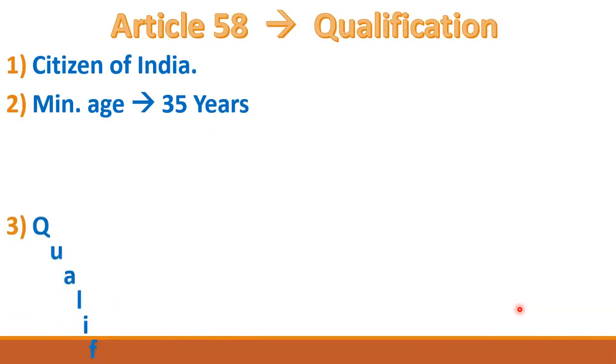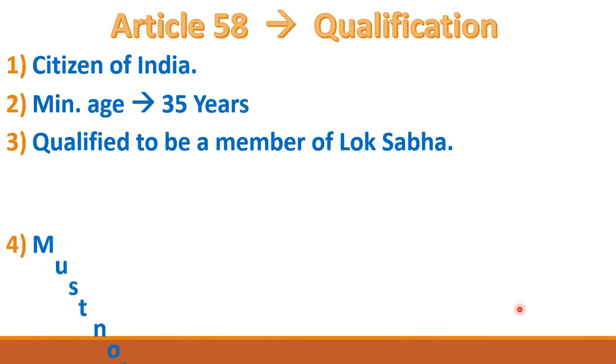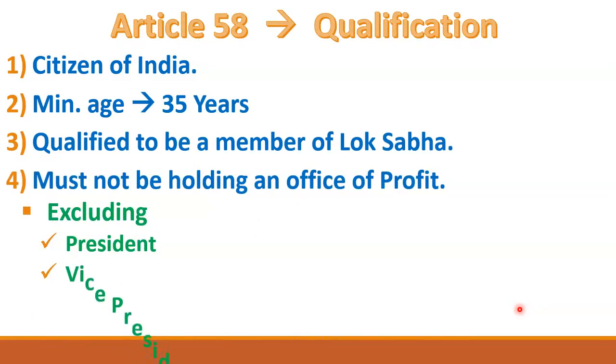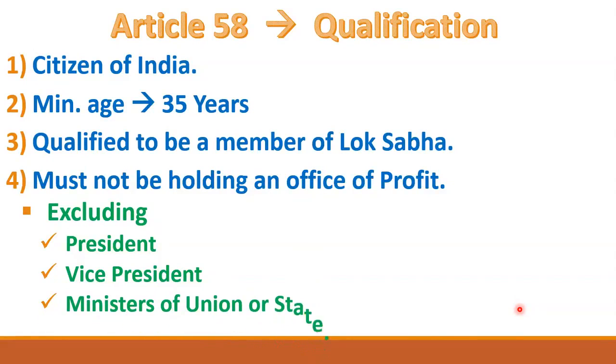So friends, then comes Article 58. Article 58 talks about the qualification to become the president. If any person wants to contest the election to be the president of India, then what minimum qualification should that person have? The first qualification is that the person should be a citizen of India.